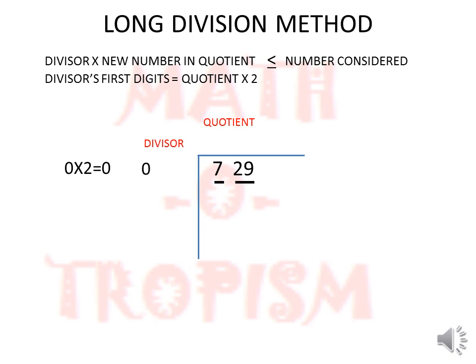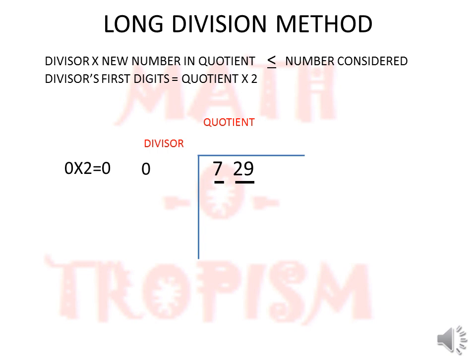Now I will just remind you of the first rule, in case you are wondering: divisor into the new number in the quotient should be lesser than or equal to the number considered, which we had already seen in the previous example while doing the 4-digit division using a 2-digit number. So this is the second rule.